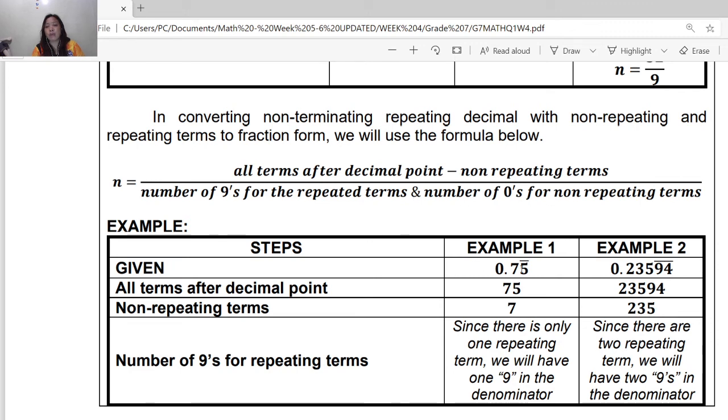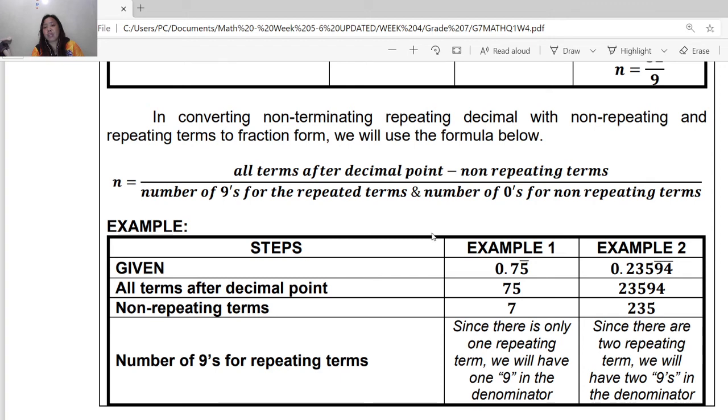Okay, for example, 0.75. The only repeating term is 5, so only one number or term is repeating. So what are the terms after the decimal point? The terms after the decimal point are 75, so there are 2.